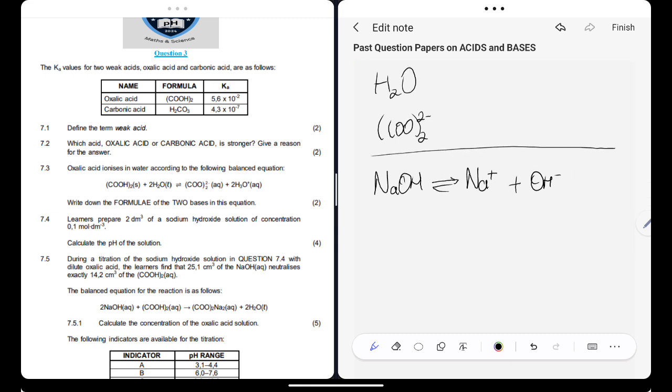Remember that, guys, pH is given by the concentration of the H+ ions. We know that the concentration of our base is 0.1, right?